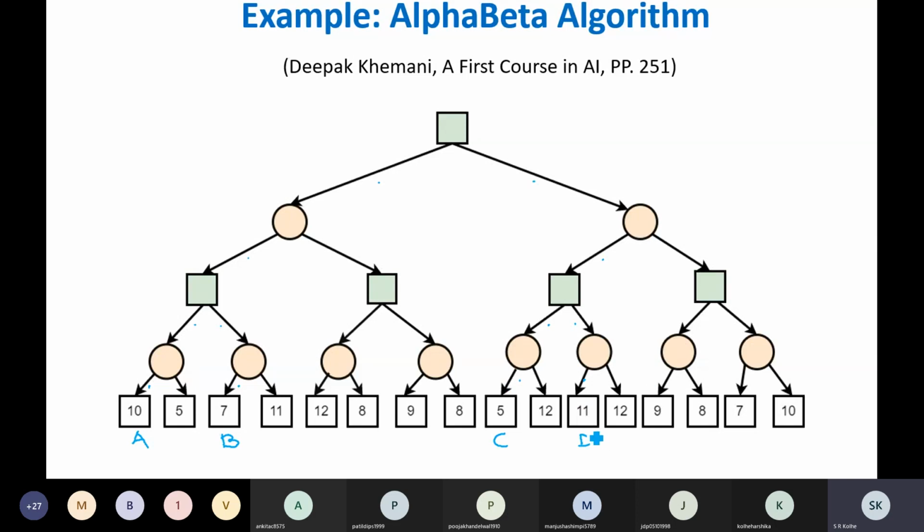What are the upper bounds on these four clusters? For example, consider cluster 1 represented by this node A. What is the upper bound on that cluster?